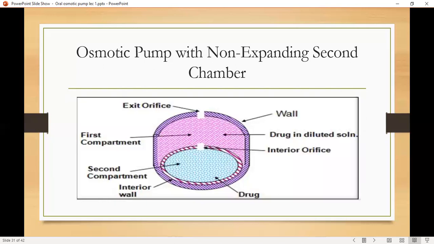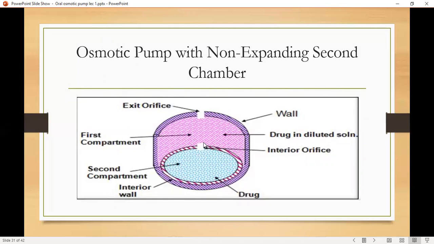Let's proceed. This is the diagram of the system, an osmotic pump with a non-expanding second chamber. Here you can see that this is the exit orifice, this is the first compartment, and in the first compartment drug is present in diluted solution. Then there is a second compartment, and in the second compartment there is also a drug.